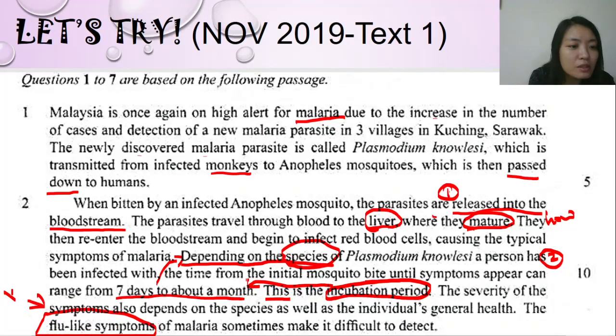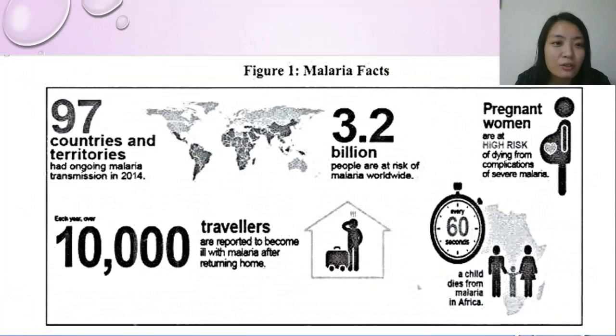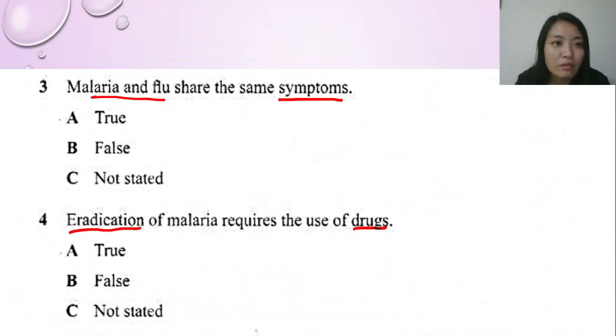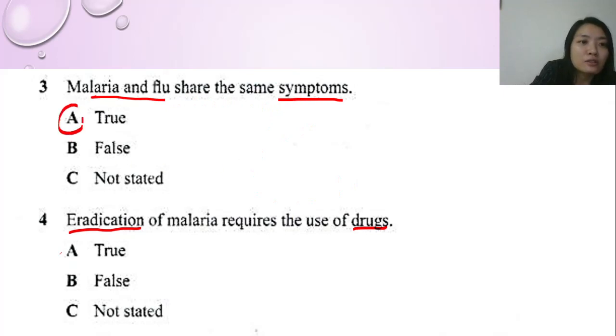Flu-like means like flu. So it matches. It says flu-like symptoms of malaria. So yes, they share the same symptoms. It says flu-like, like the flu. So the answer here is true.